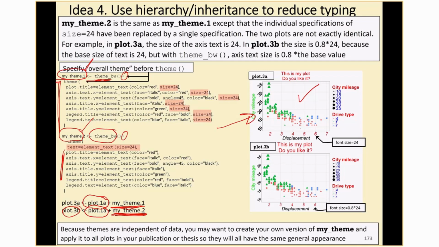And the basic notion was you would want to have all the plots in your thesis have the same overall appearance. So the point is that what you will want to do is create your own version of My Theme 1 or My Theme 2 and then apply it to all the plots in your thesis and publication, and that will give them the same overall general appearance.